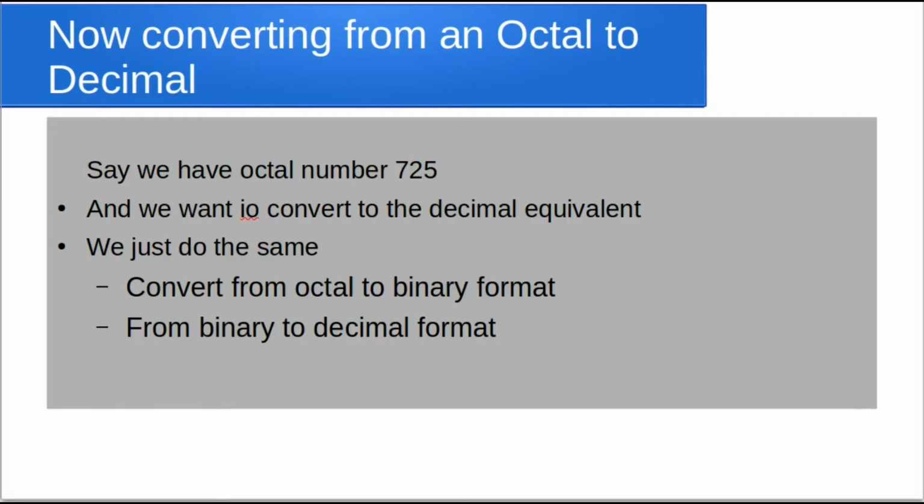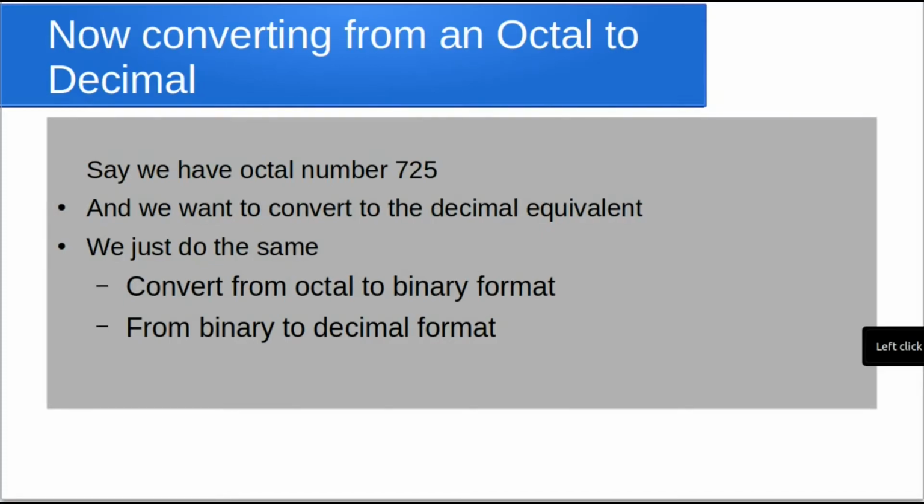Now let's say we want to work in the opposite direction. Say we have an octal number and we want to know what the decimal number is. Here I've got an example: an octal number of 725. Can anyone tell me what 725 is in decimal format without using a calculator?